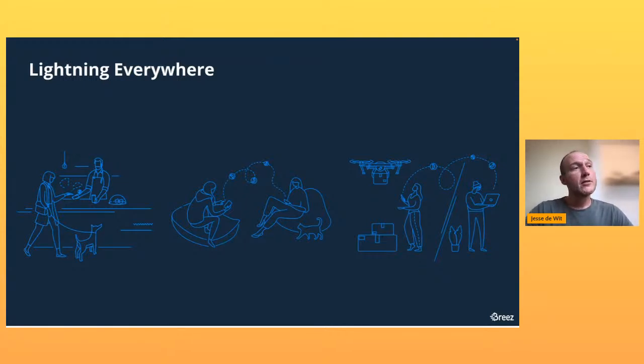And that means that every application will also integrate Lightning payments. So not just Breez or wallet apps, but also apps to buy your coffee or your groceries, or charge your car, rent a movie or rent a bike. Basically, any app will integrate Lightning payments in this vision of the future.